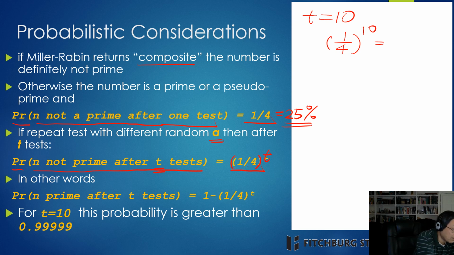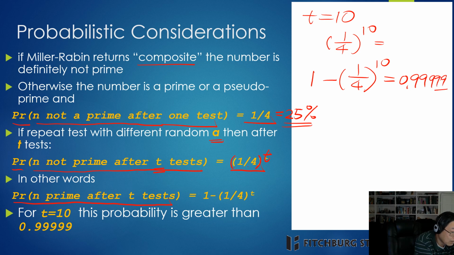In other words, the probability that n is a prime after t tests is 1 minus (1/4) to the 10, which gives you about 0.999999. So after 10 tests using Miller-Rabin, the chance that n is a prime number is 99.9999%. That's very, very close to 100%.